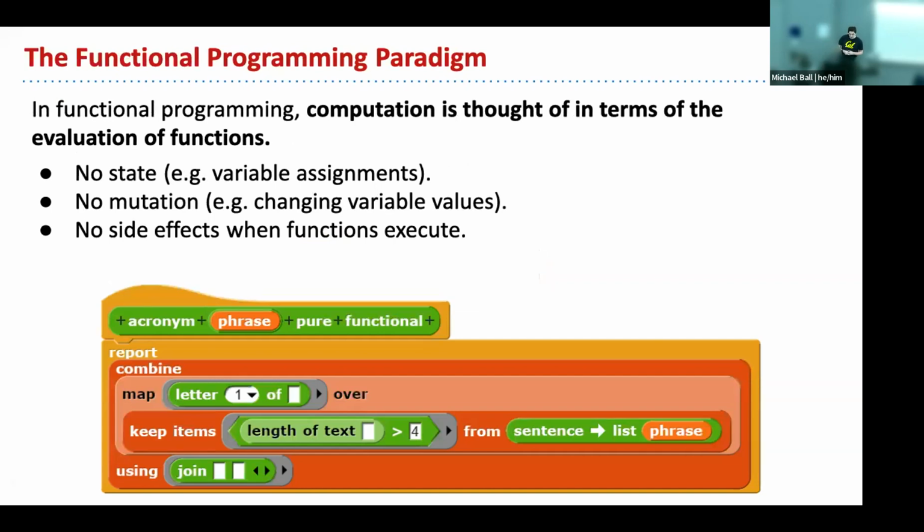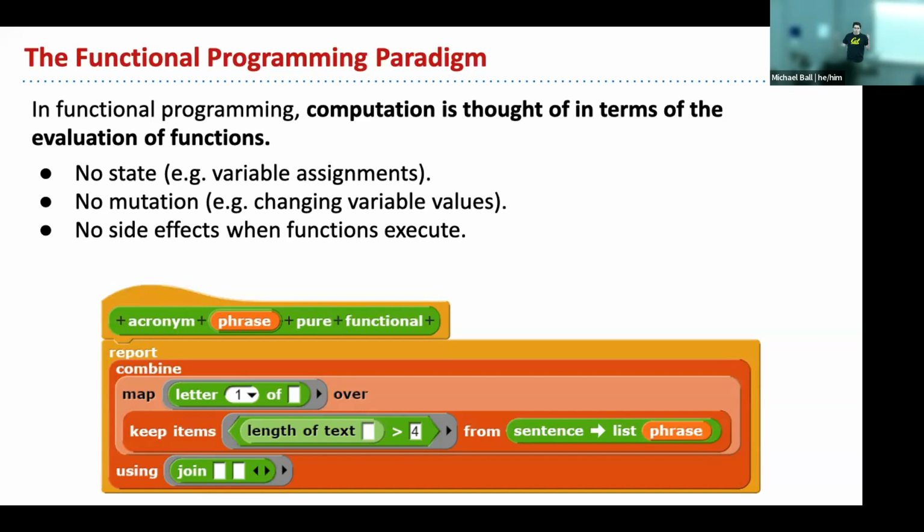The functional approach to this problem is to use a series of functions where one result gets passed to the other. This is a version of writing acronym that uses map, keep, and combine. And this one is nice in the sense that there's no variables to keep track of.